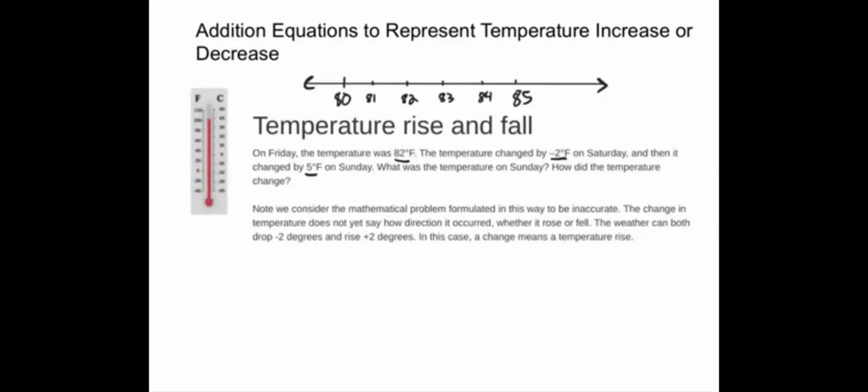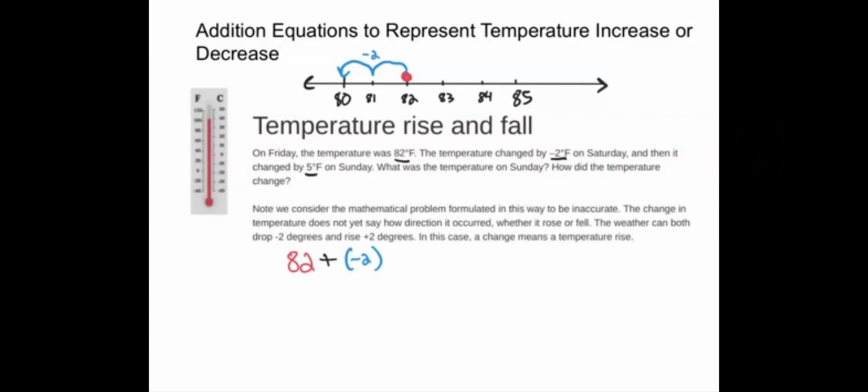If we have this number line here, we might say that our starting point was 82 degrees. We have a point at 82 degrees. Then we added negative 2 degrees, which means we go from 82 to 80. There was adding negative 2.